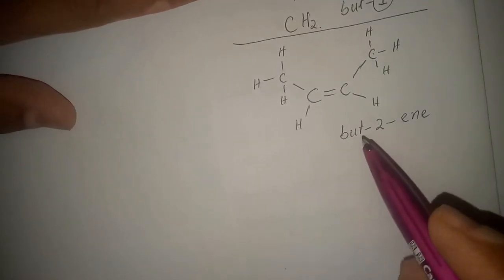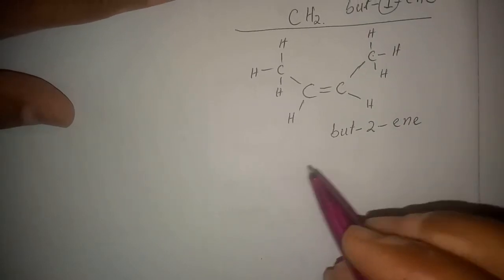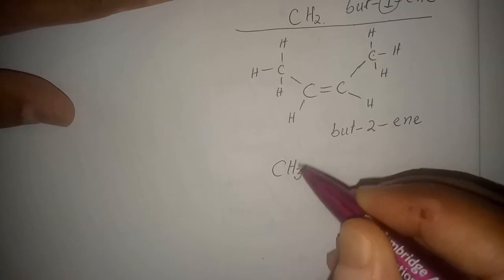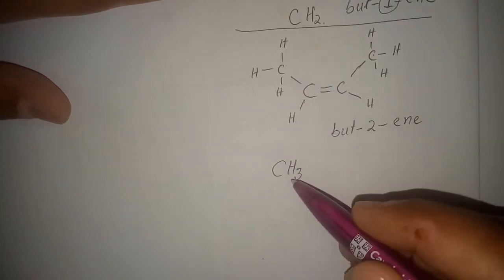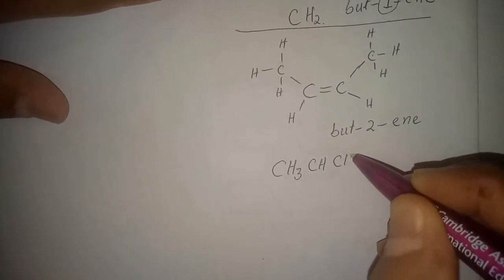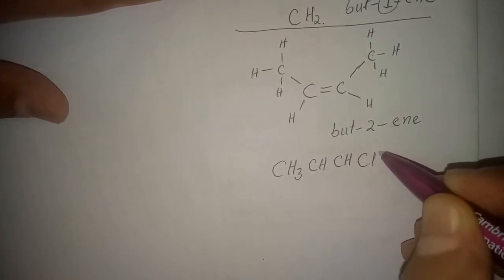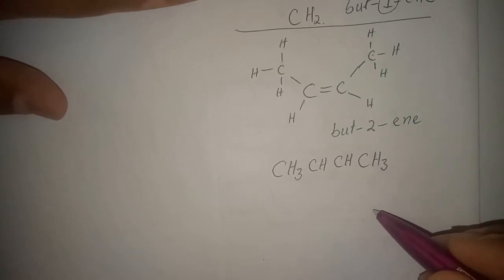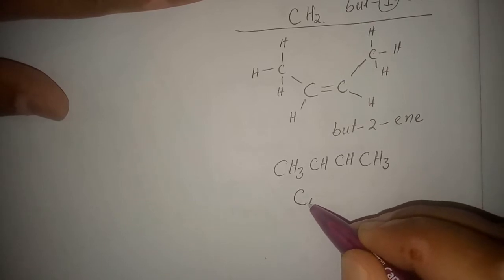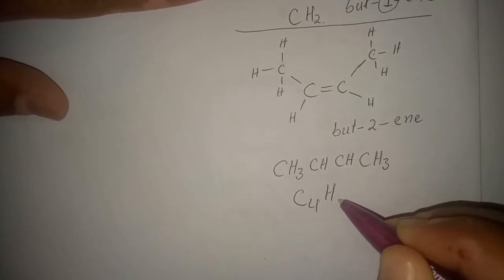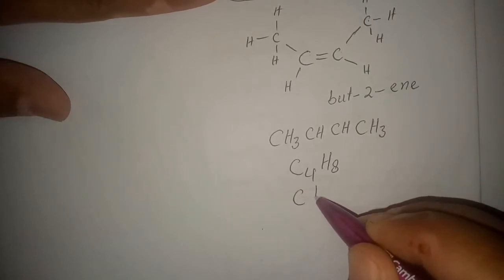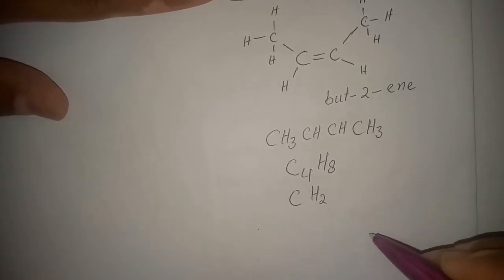And to convert this structure into the structural formula, it is CH3, then CH, then CH, and finally CH3. To convert it into the molecular formula, we will get C4H8, and the empirical formula will be CH2.